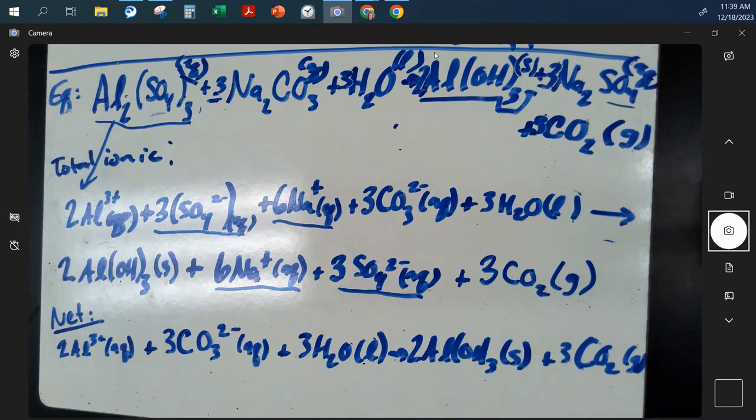I think they are balanced because we kept the coefficients from our balanced equation. So this is telling me that overall, my aluminum is reacting with my carbonate and my water to form aluminum hydroxide and carbon dioxide gas. And those other things are there, but they're just not participating. They're spectator ions. Okay, questions on that?